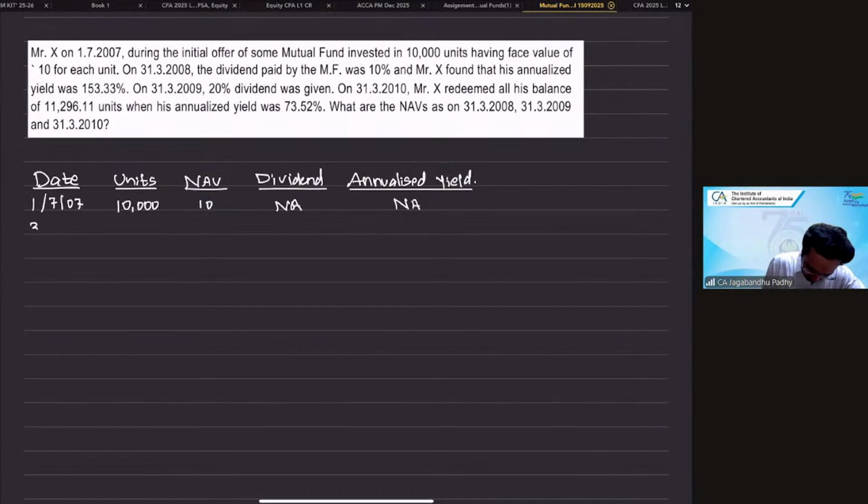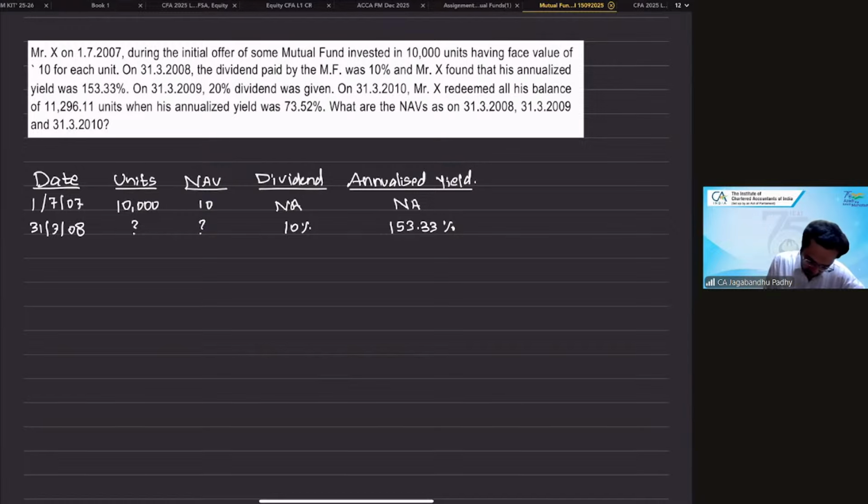On 31st March 2008, we don't know what is the number of units that we have. We don't even know what is the NAV. But we know that the dividend that was declared is 10%. At that time, the annualized yield was 153.33%.